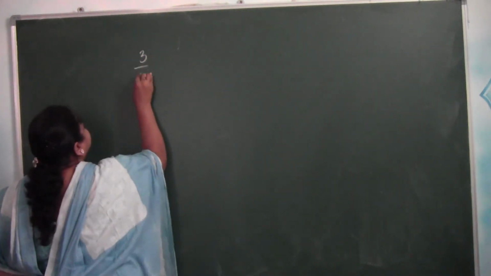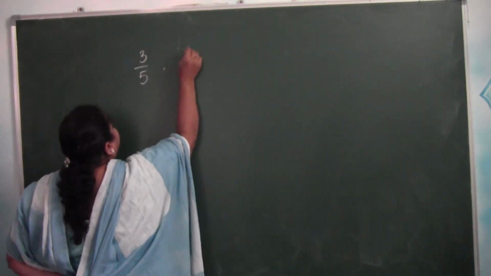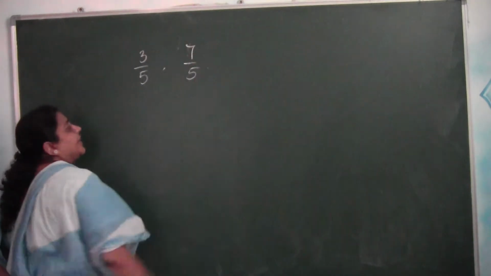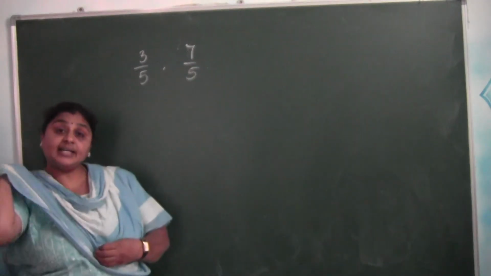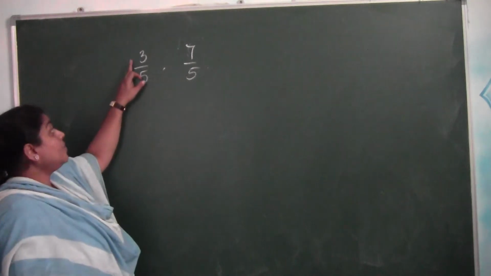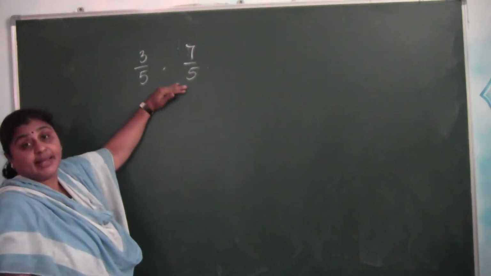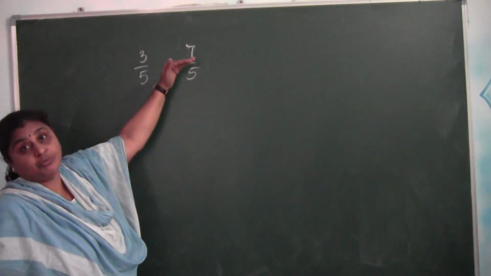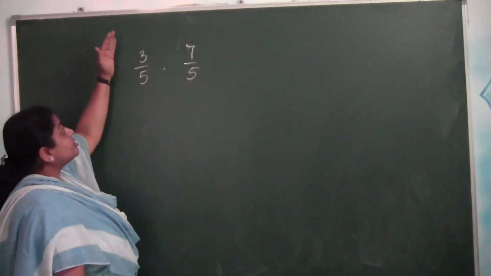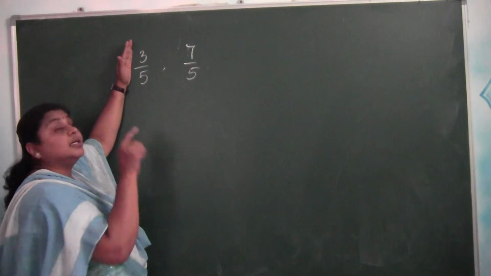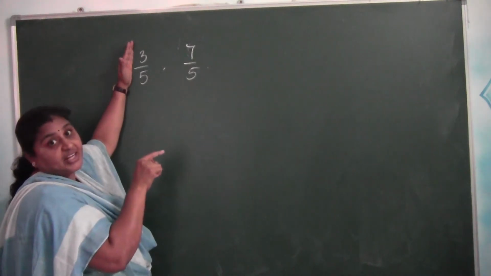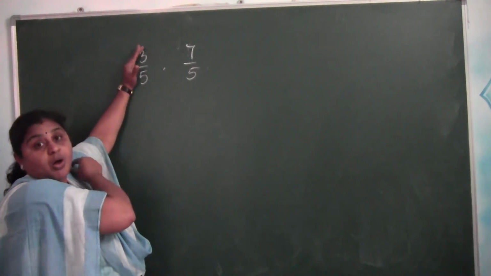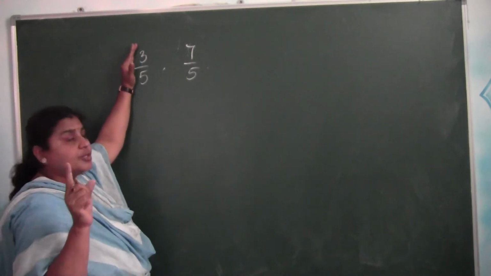3 by 5 and 7 by 5. Now the denominators are the same. When denominators are the same, we compare the numerators. Okay children, the smaller the numerator, the smaller the fraction. If the numerator is small, the fraction is small.